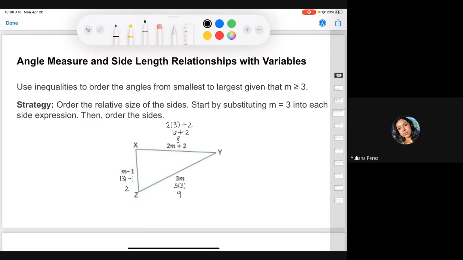And so there I have my measures for my different sides. One is 9, one is 8, one is 2. And I want to rank this from smallest to largest.